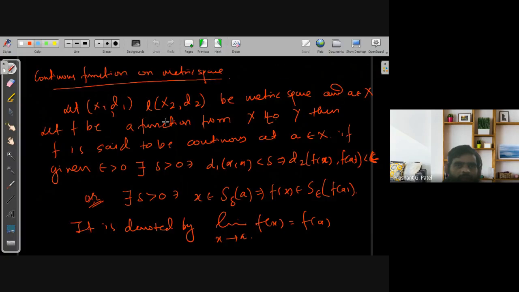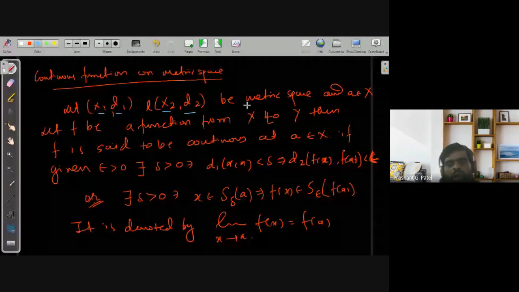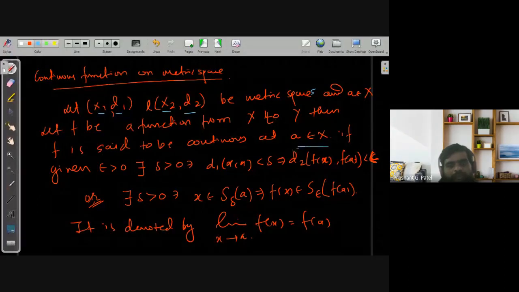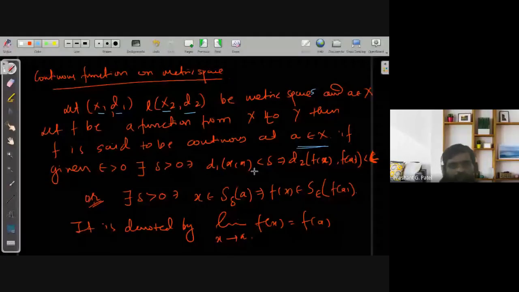As I have already defined in the previous lecture, let (X, d1) and (Y, d2) be two metric spaces, and a belongs to X. If I want to say that f from X to Y is continuous at the point a, then given epsilon greater than 0, there exists a delta greater than 0 such that d1 of x comma a less than delta implies d2 of f(x) comma f(a) less than epsilon.